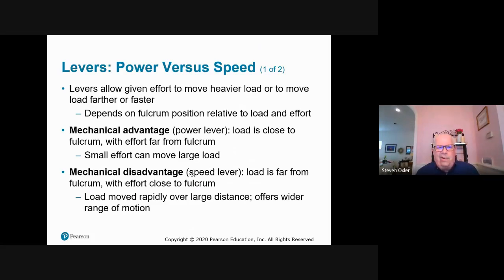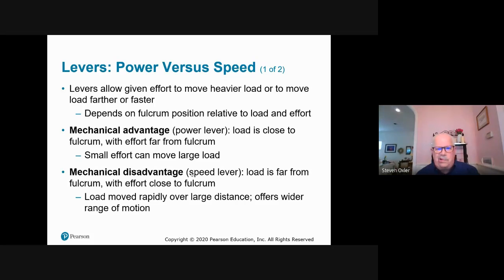Levers allow a given effort to move a heavier load, or to move a load faster or farther. You either have a mechanical advantage or a mechanical disadvantage. If you have a mechanical advantage, you are dealing with a power lever.